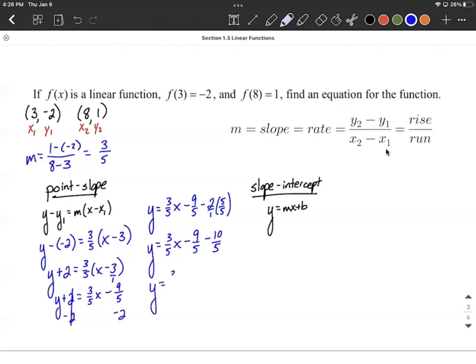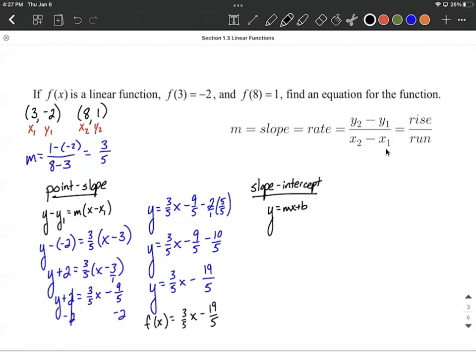So y equals 3/5 x minus, we're going to keep that common denominator and combine our numerators together. So 9 plus 10, because they're both negative, makes 19. The only other thing I may do on this is instead of y, because they named our function f or f of x, in place of y, I'd put f of x equals 3/5 x minus 19/5.